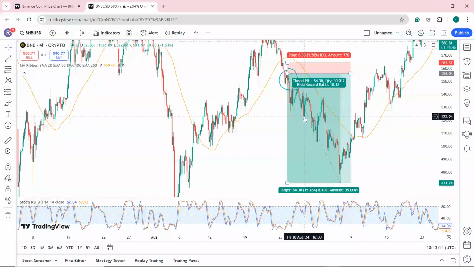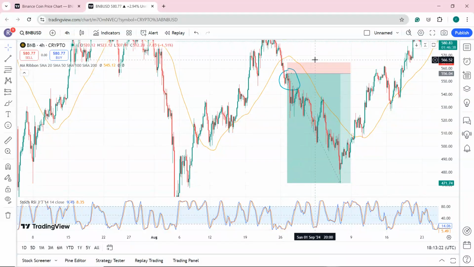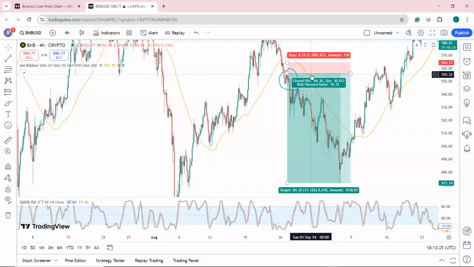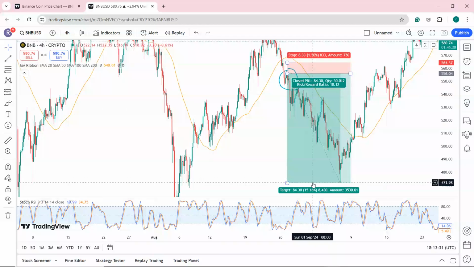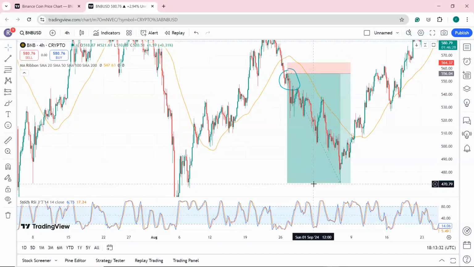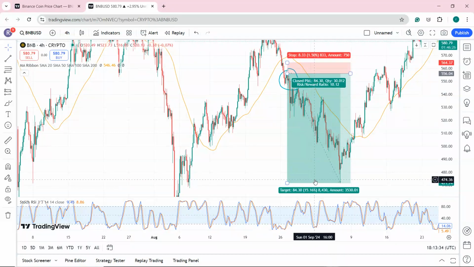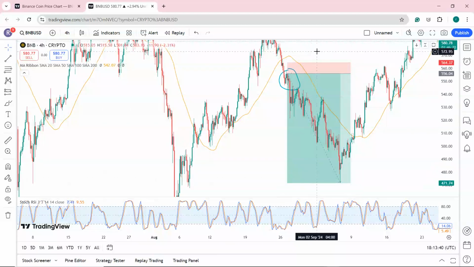You see, on this trade, if it's a spot trade on 1x, you will lose 1.5% of this trade if your trade hits our stop loss, and we will make 15% if the trade hits our take profit. So if you are trading it on futures, probably on 10x, you will lose 15%.